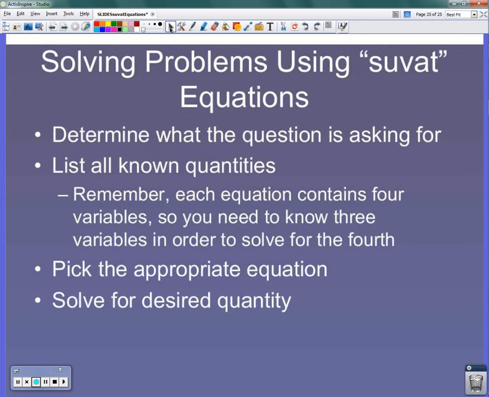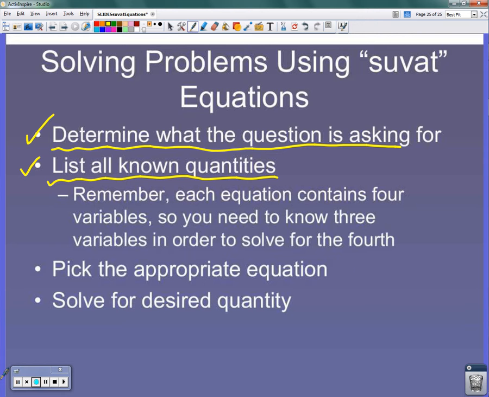That means first thing you should do is determine what it is that you are actually looking for. What is our unknown in this equation? After you've determined what you're looking for, now what do I know? What do I have to work with? And the important part here is that you're going to need to know 3 variables, or you're going to have 3 known quantities in order to solve for the 4th one.